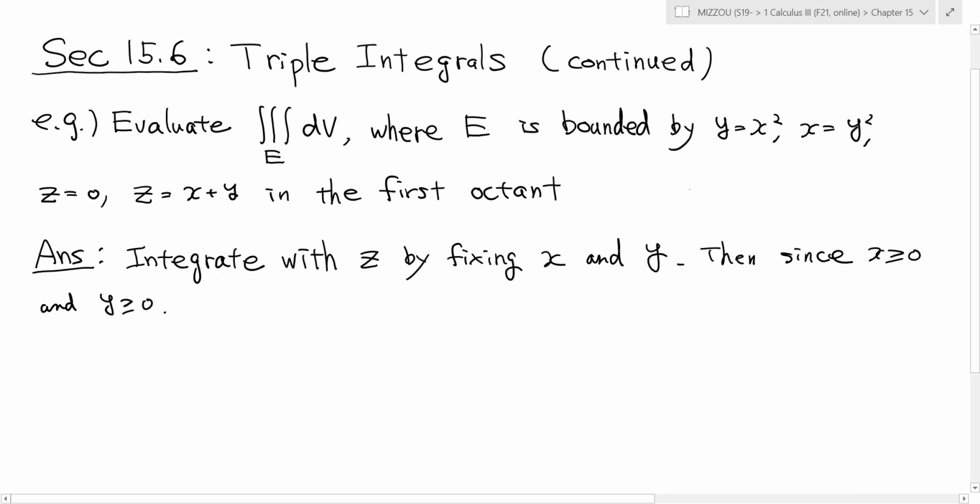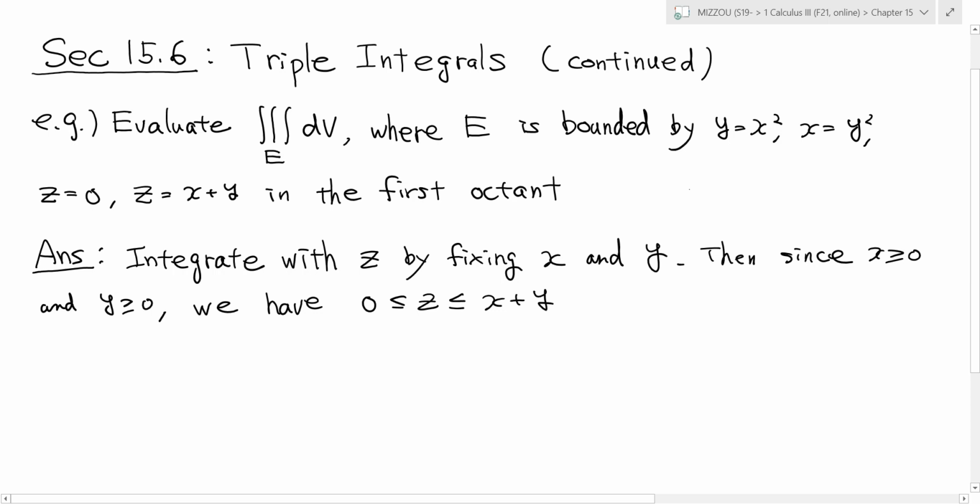So the boundaries of E, namely E is bounded by those 2 equations, z is equal to 0 and z is equal to x plus y. The smallest possible z is 0, and the largest possible z is x plus y for each fixed x and y, right? Because all of them are non-negative. So therefore, we have z between 0 and x plus y, and those are the limits for z.